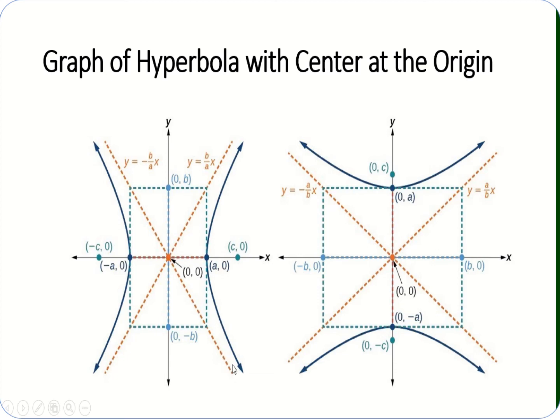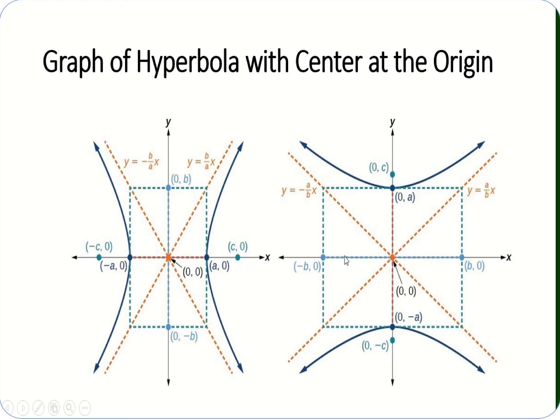They get closer and closer to the curve, but they do not intersect. So this line here on the left is y equals negative b over a times x. And this one on the right is y equals b over a times x.